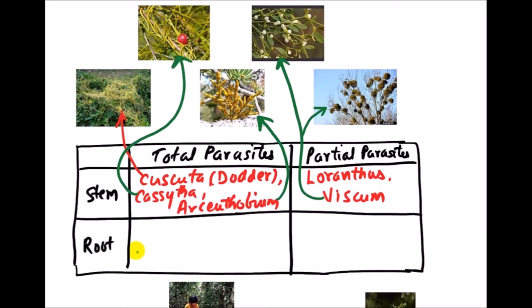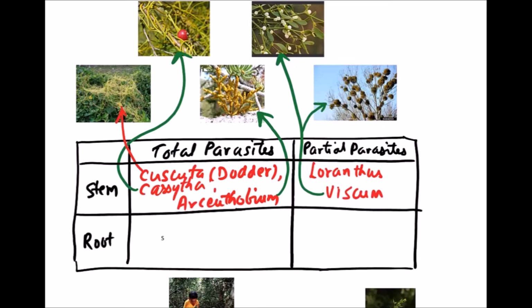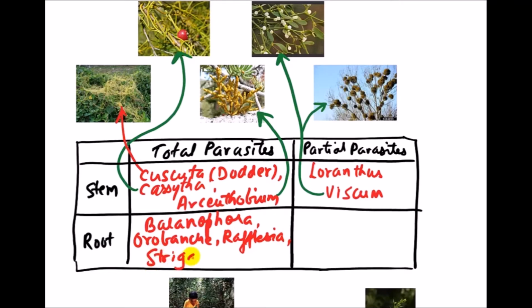Next is root parasites. Total root parasites include Balanophora, Orobanche, Rafflesia, Striga, and Sapria.